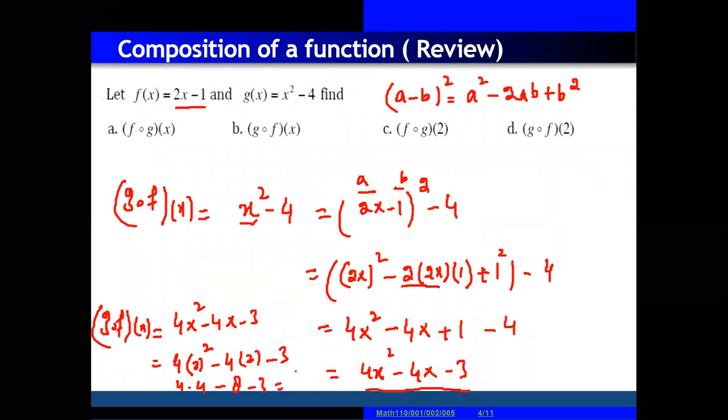So we have 16 minus 8 minus 3, equal to minus 11. So 16 minus 11 is equal to 5. The composition of g with f when x is equal to 2 is 5.